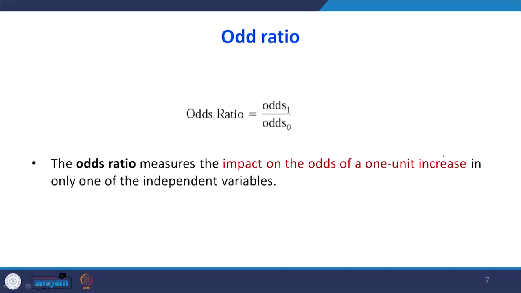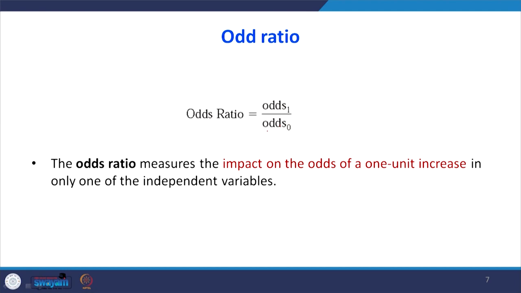Then from the odds function we go to the next term, odds ratio, because this odds ratio is very helpful to explain the coefficients of the logistic regression equation. So, the odds ratio is odds 1 divided by odds 0.